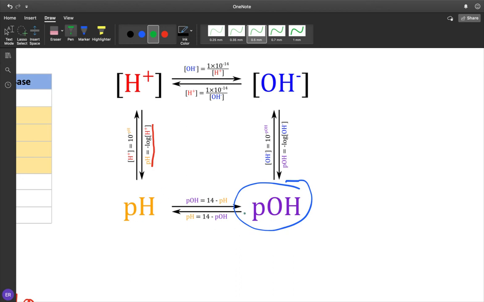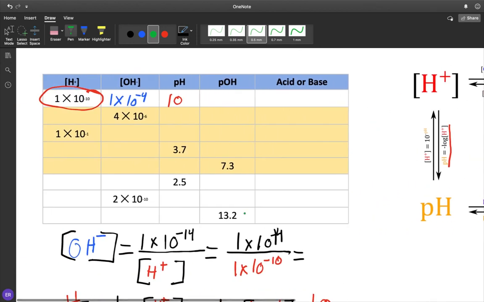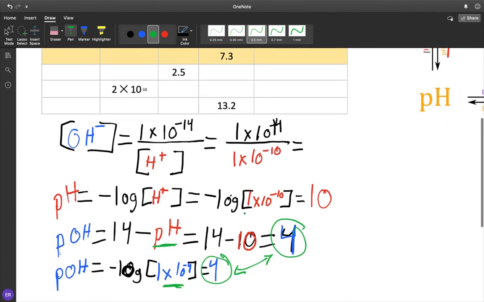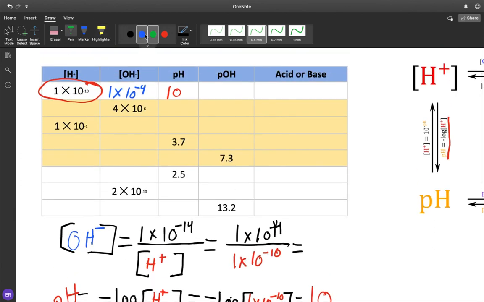And so on. Okay, so pOH is 4. Now, acid or base: look at the pH, and remember, anything above 7 is base, anything below 7 is acid. So 10 is above 7, so this is a base.